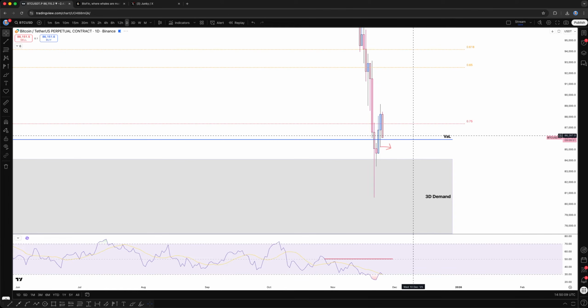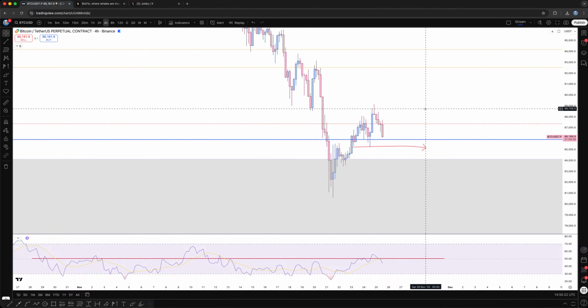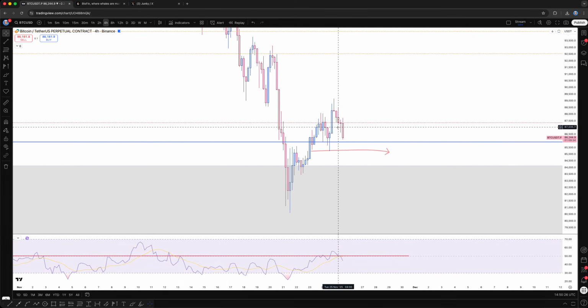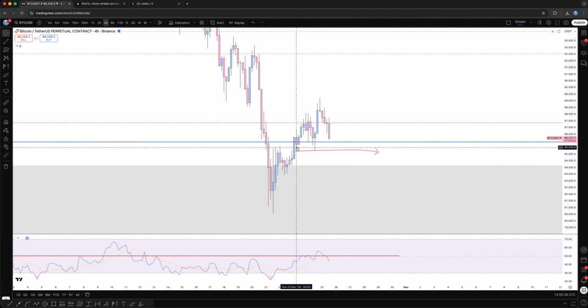To show you once again, if you see this low here on the daily, it is exactly the structural low we have here. So the evolution of today is important to keep this structure intact.